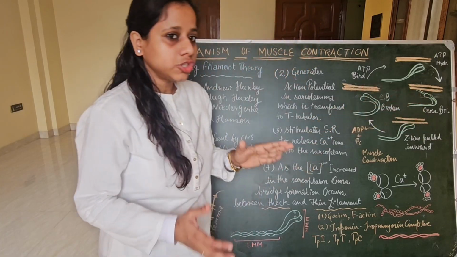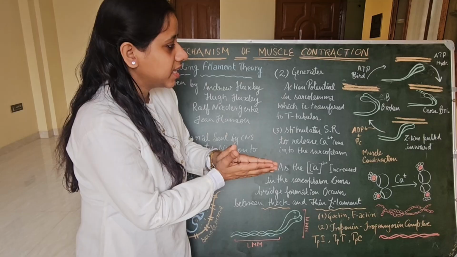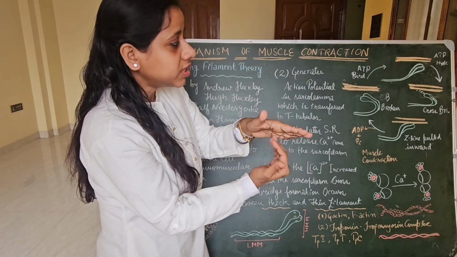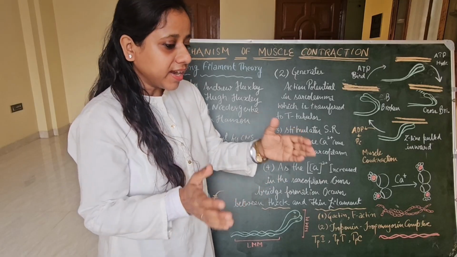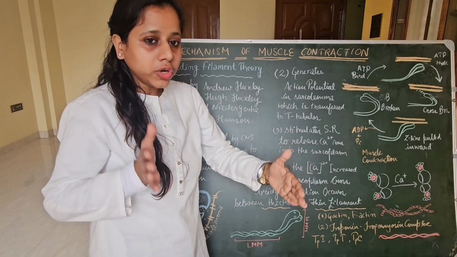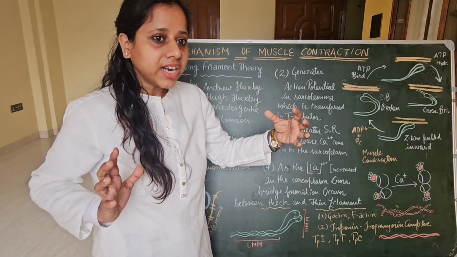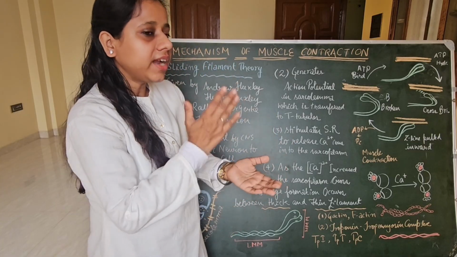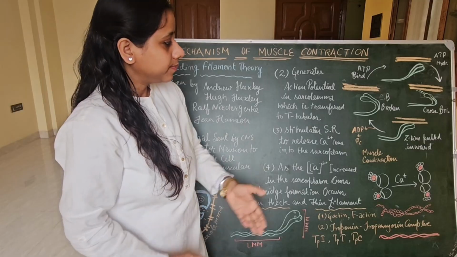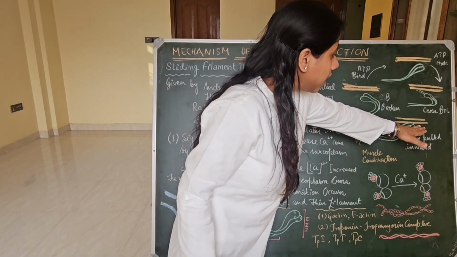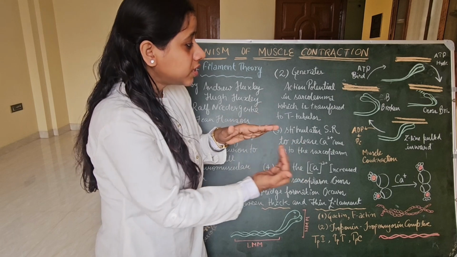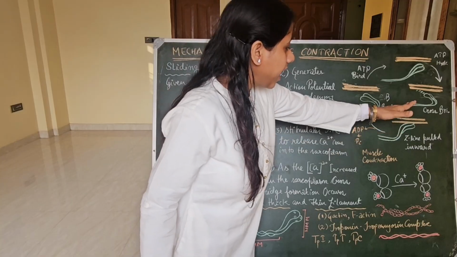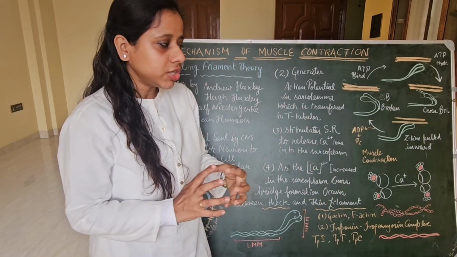After the formation of the cross bridge, the myosin pulls the actin filament inward, and the sarcomere, which is bounded by two Z lines, is pulled inward towards the M line, which is the center of the sarcomere. This way the myosin pulls the actin filament, that is the thin filament, inward, as a result of which contraction occurs.